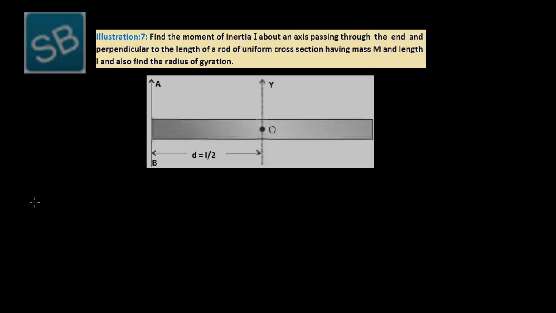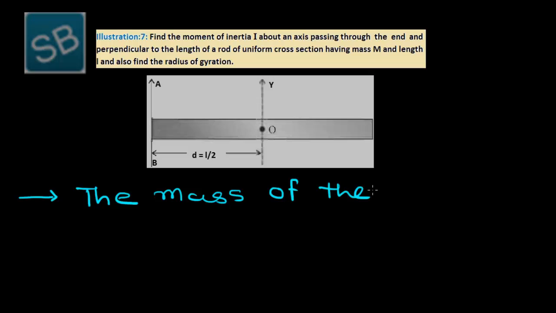Here I am assuming that the mass of the rod is capital M, and also the distance of the end from the rod and from the origin is d is equals to L by 2.